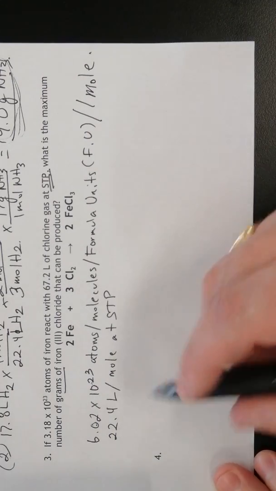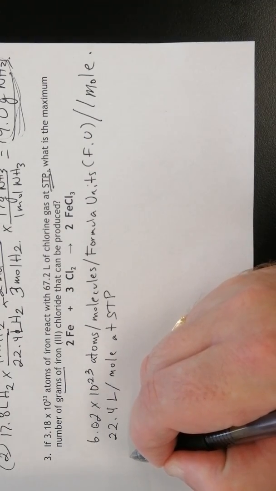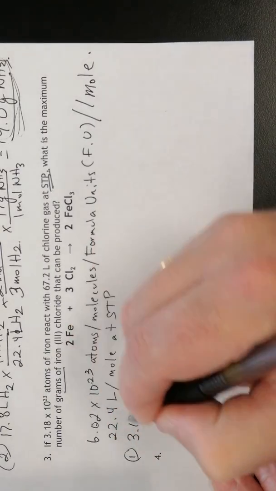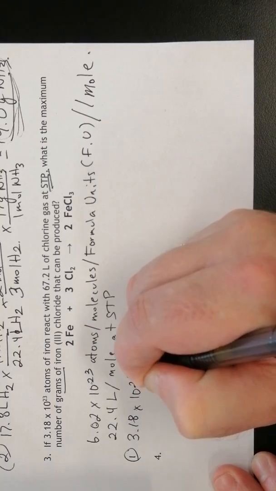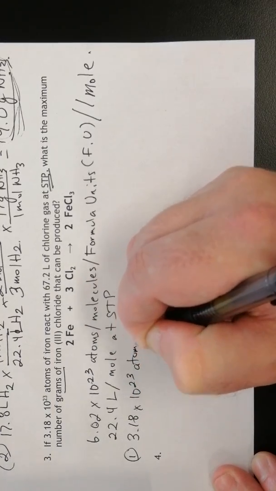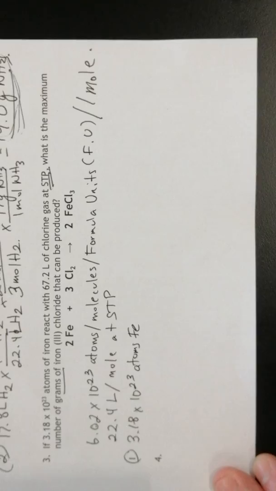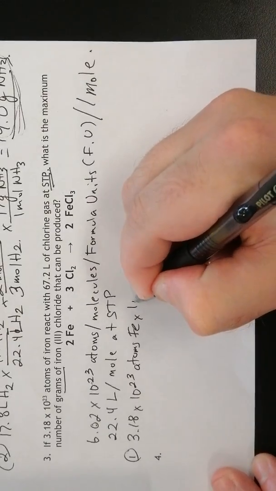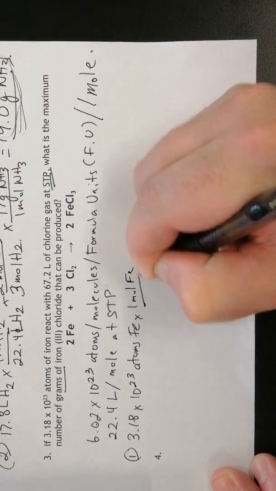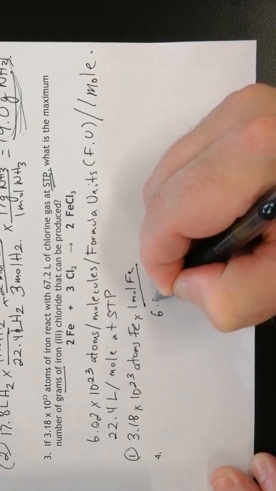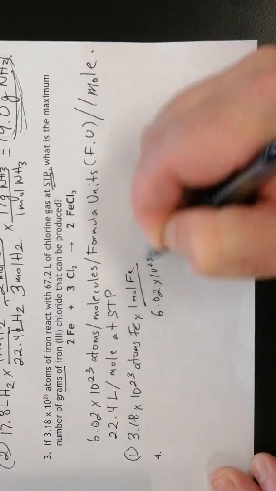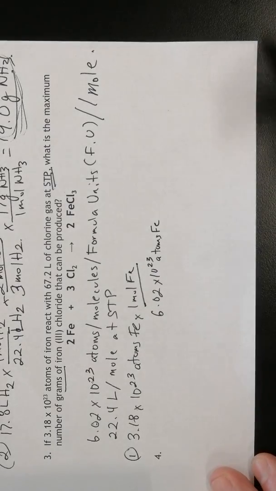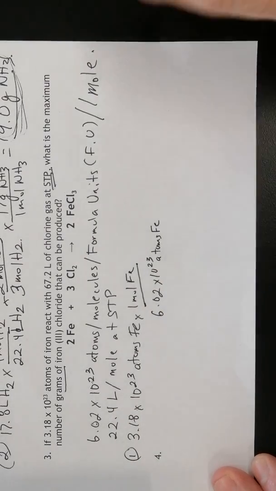Okay, so let's start with the first one. I have 3.18 multiplied by 10 to the 23rd atoms of iron, right? Always what you have to what you want. I know 1 mole of iron is equal to Avogadro's number, 6.02 times 10 to the 23rd atoms Fe. That's converted into moles.